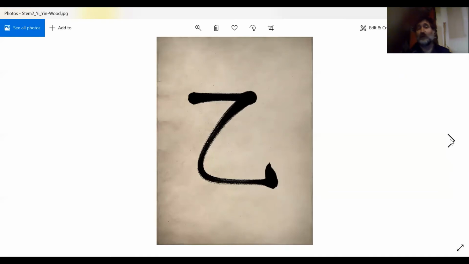So wood has both yin and yang. It drives forward, but at the same time, it yields. And so this yielding quality of wood is expressing the water within wood. So that yielding quality, even as moving forward. So yin wood is very nice.